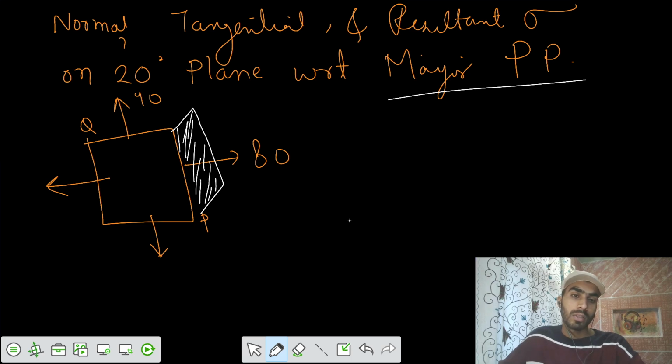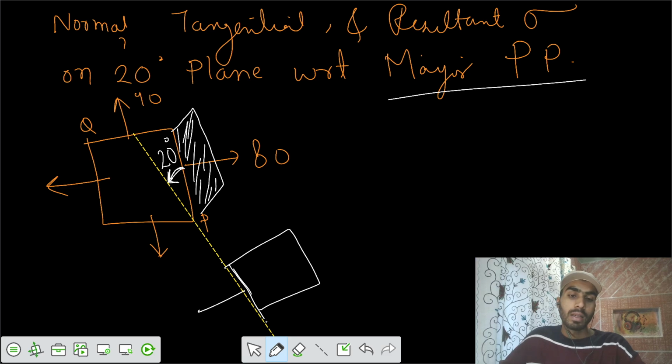You have to make an angle of 20 degrees with respect to this principal plane. So on this desired plane, you have to get the values of sigma, tau, and the resultant stress, sigma resultant.